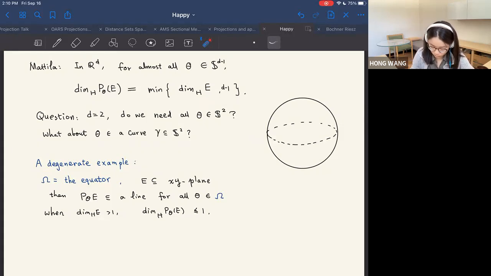So the question that we ask, actually asked by Furstenberg and others, is: when the dimension d equals 3, do we need all theta in S2?